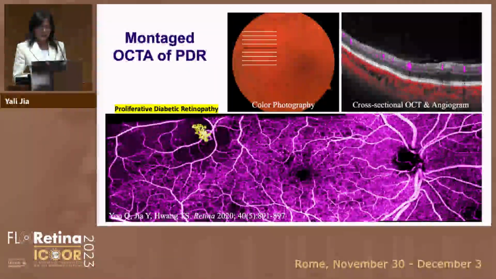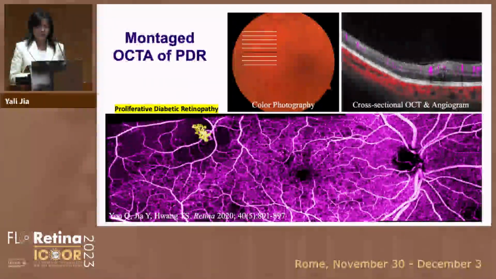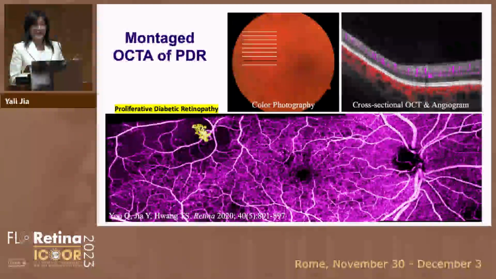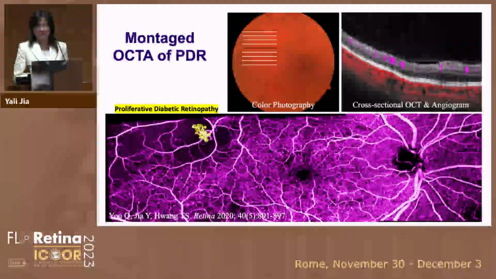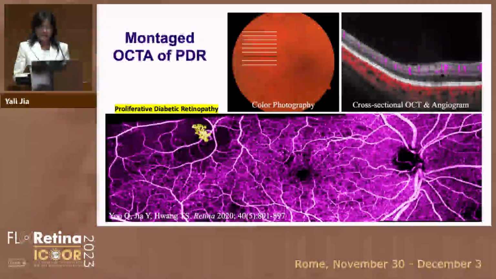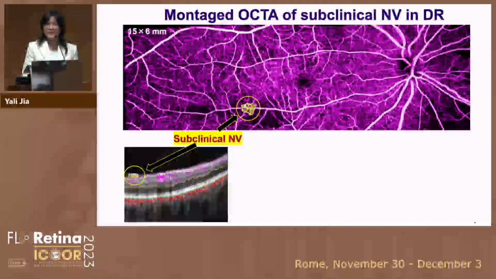Then even using those montages with the regular commercial system, we find that retinal neovascularization is not noticeable on the fundus photo, but it's clearly visible in the OCT. So we continued to discover this very tiny subclinical neovascularization in diabetic retinopathy.